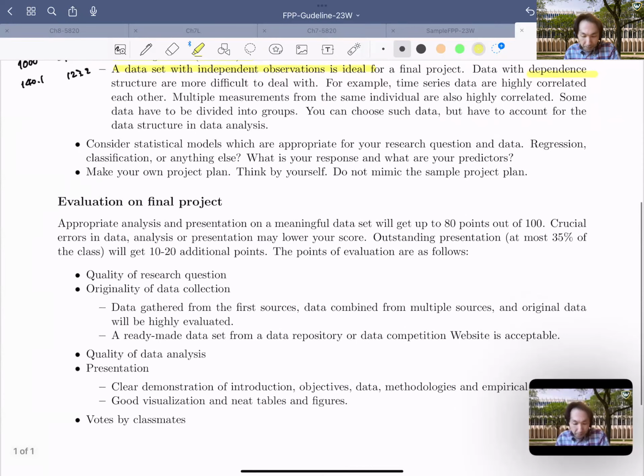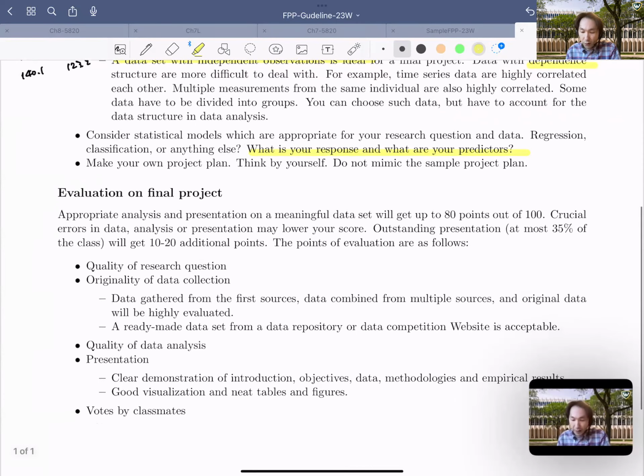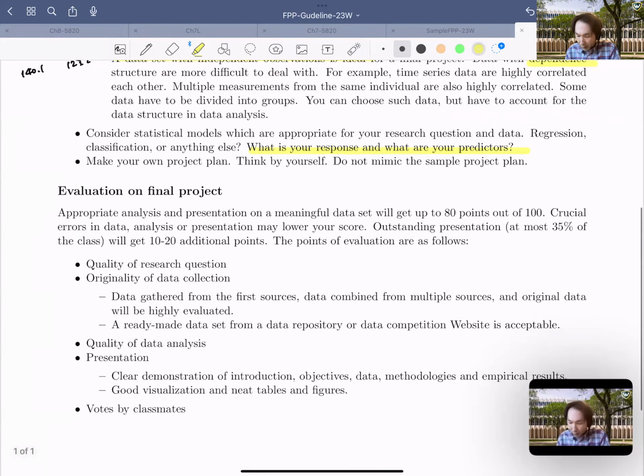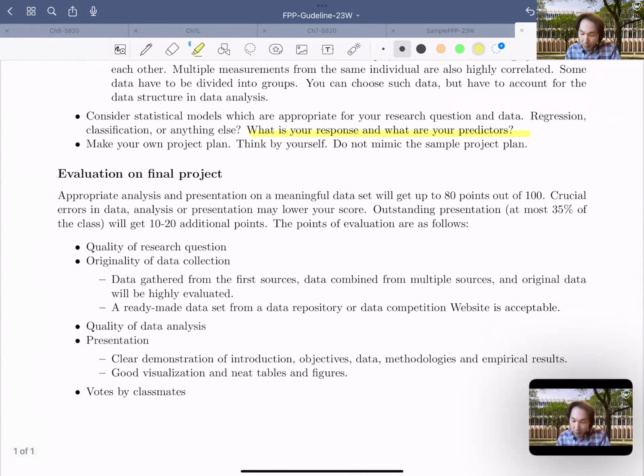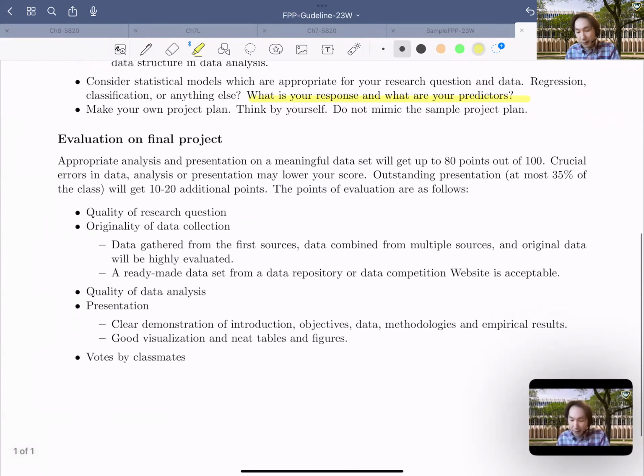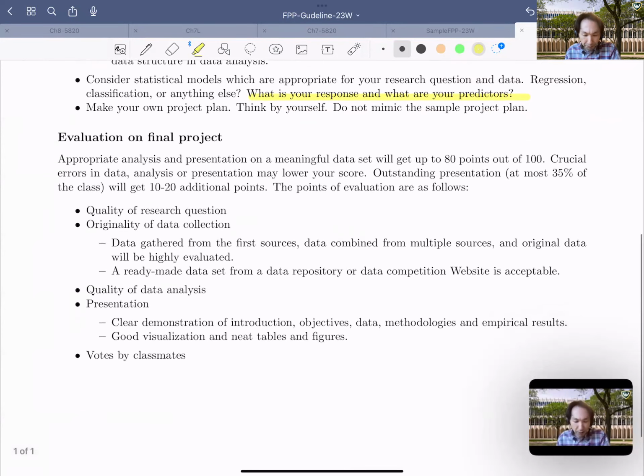And just make sure that you understand what is the response and what are the predictors. I also provide a sample project plan, but you don't really have to stick with it. So just make your own project plan. The sample is just one sample.